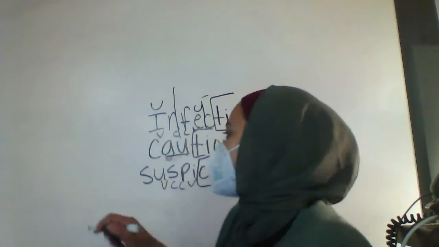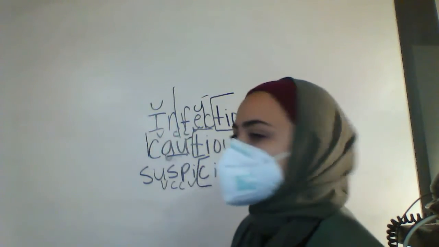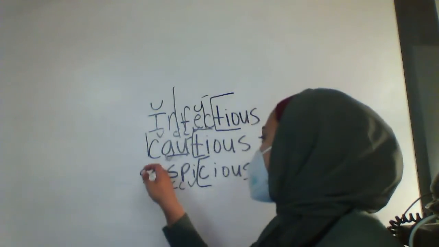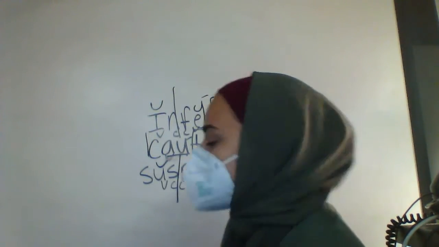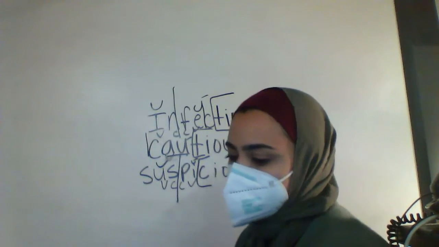Good. The C needs a back on it because it makes the k sound. Cautious. And I'm missing the accent. Let's look at suspicious. What does the U and the I need? A breathe. Very good. Suspicious. And the line goes between the two C's, that division line. And the accent goes before the bracket.